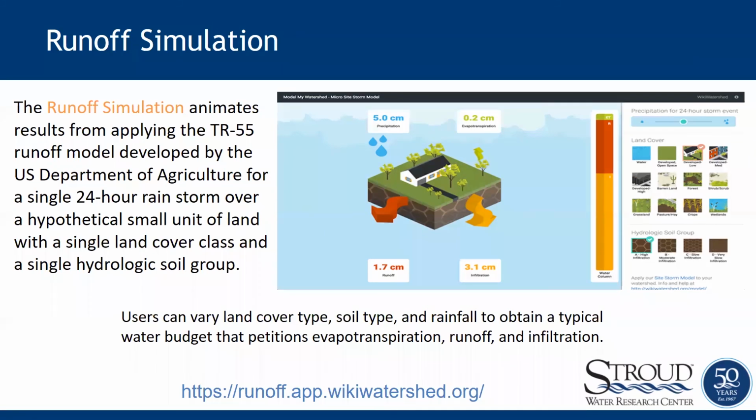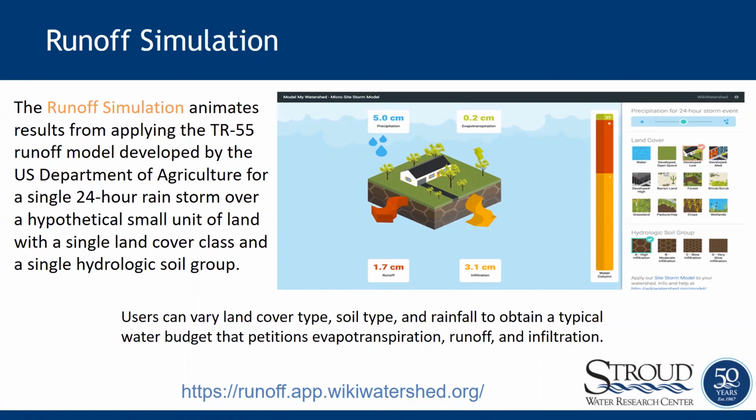So we typically use this simulation with either younger students or with middle and high school students as a scaffolding lesson before they launch into the full-scale GIS. And so this, again, is a simulation of the 24-hour storm event. You can change the amount of rain within a 24-hour period. You can change the type of land cover in this block of land, and you can change the underlying hydrologic soil group.